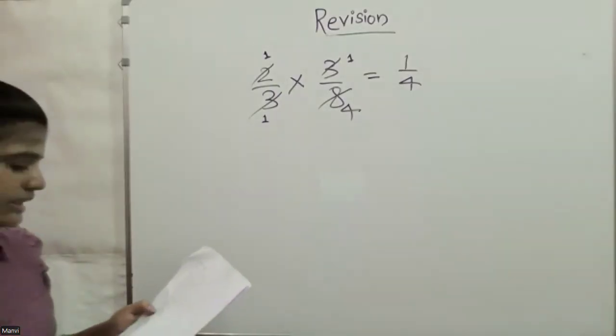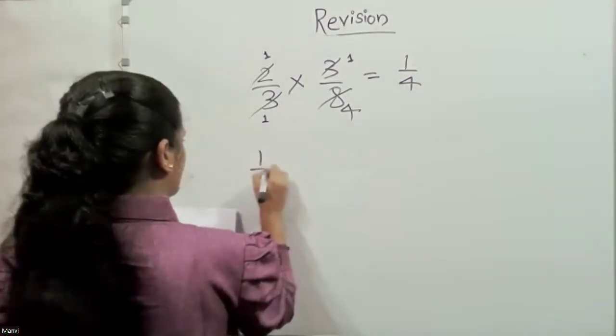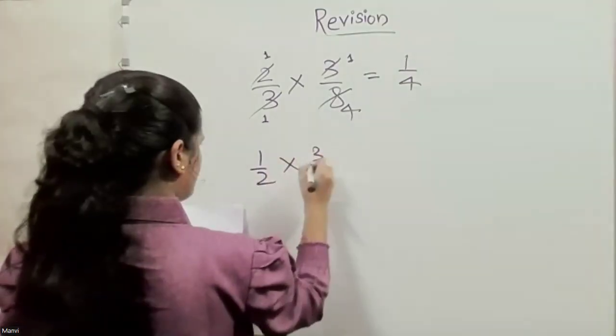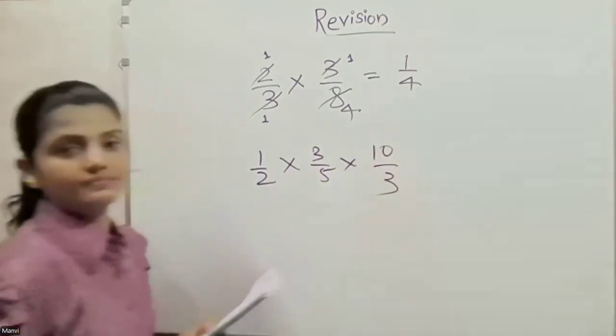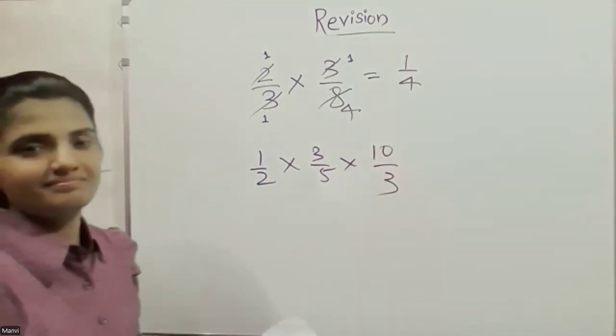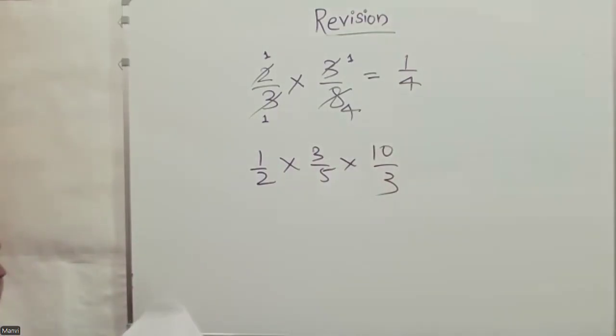Yeah. Now try this one: 1 by 2 times 3 by 5 times 10 by 3. I did it like not by 3 numbers, like 2 numbers.